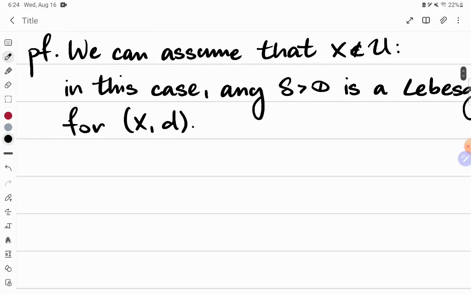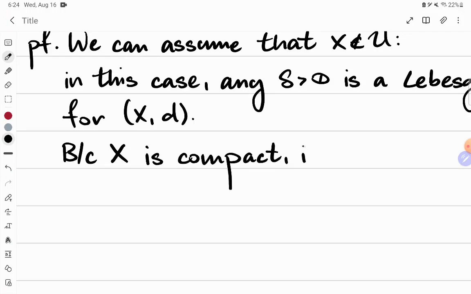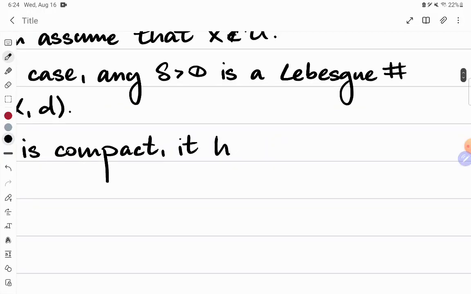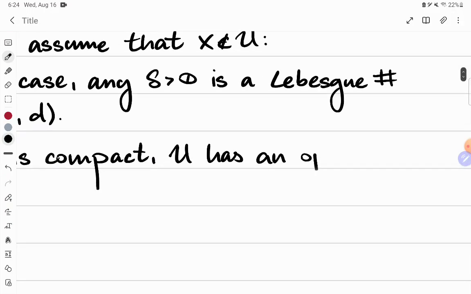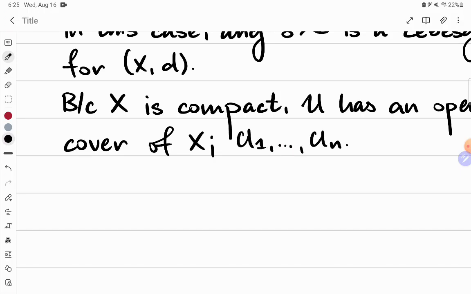Okay, so now because X is compact, 𝒰 has an open subcover of X. These will be the sets U1 through UN.